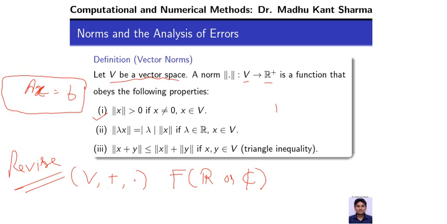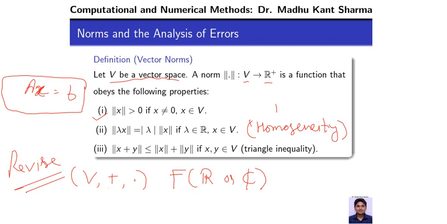So we are restricted to lambda real. Norm of lambda x equals mod lambda times norm x. This property is called homogeneity. And the third: norm of x plus y is less than or equal to norm x plus norm y.